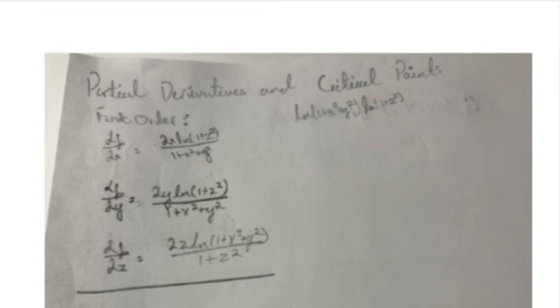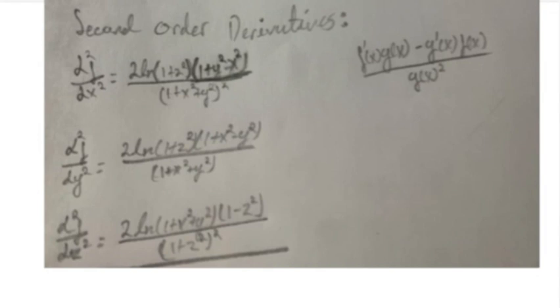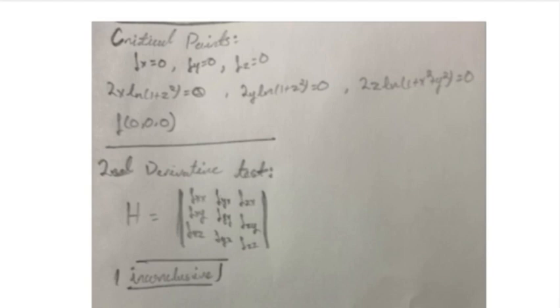Okay, now for the partial derivatives and the critical points, I have here the first orders. It's just a simple chain rule derivative for all three of them. Here I have the second order derivatives, and this one was a little more difficult. I had to use the quotient rule in order to find them. Now, here are the critical points and the second derivative test.